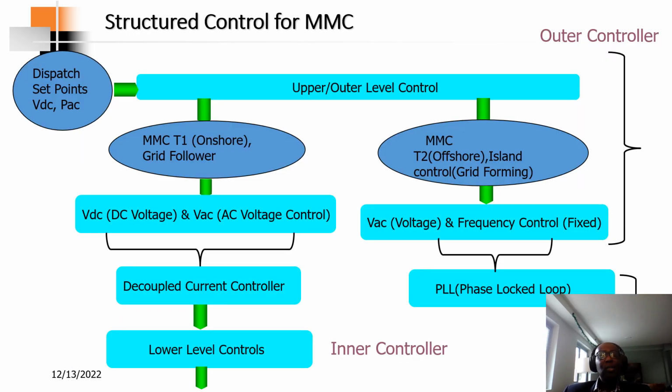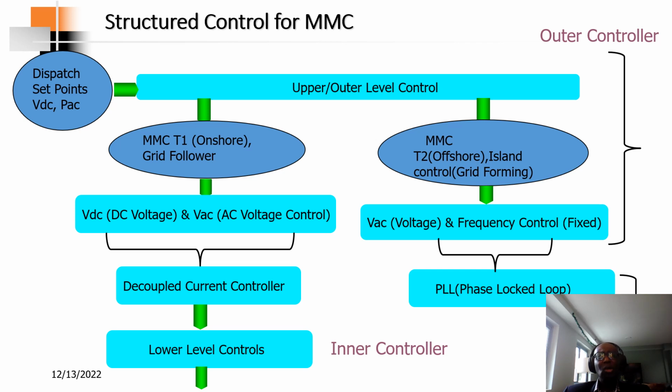Now let's talk about the structured control for the MMC that I'm utilizing. In the previous slides, I made mention of general control for an MMC, but this is the structured control that I'm utilizing for this presentation.